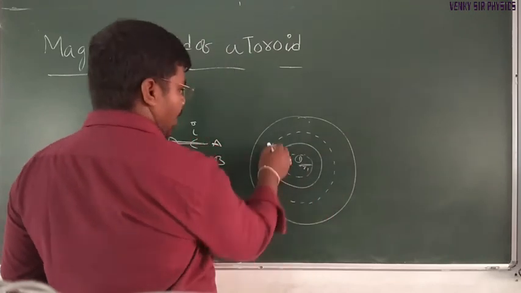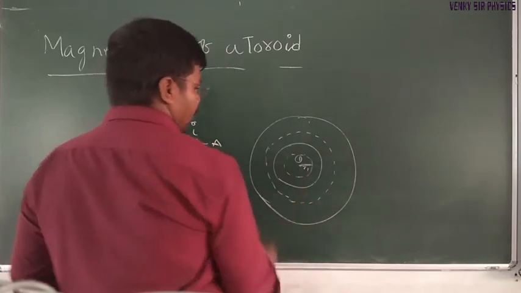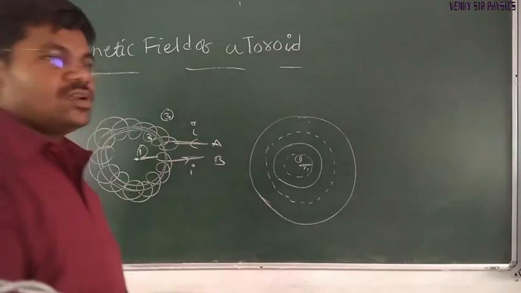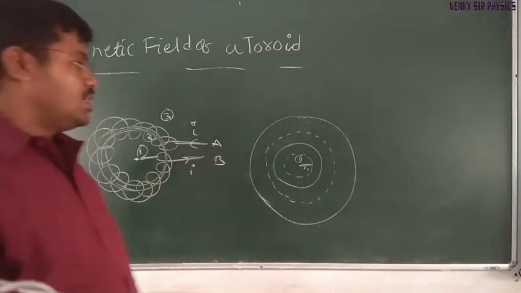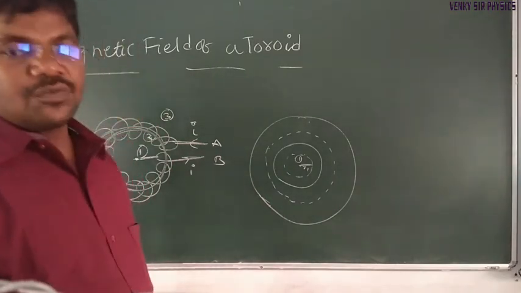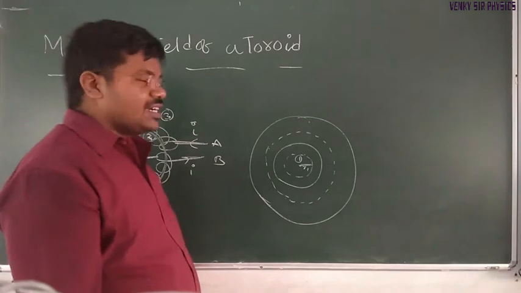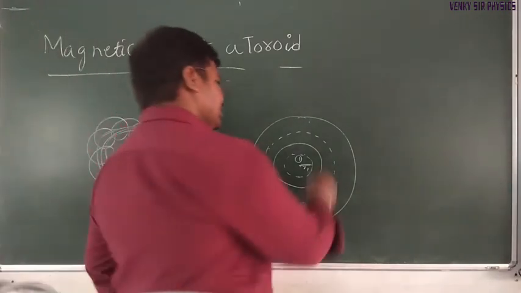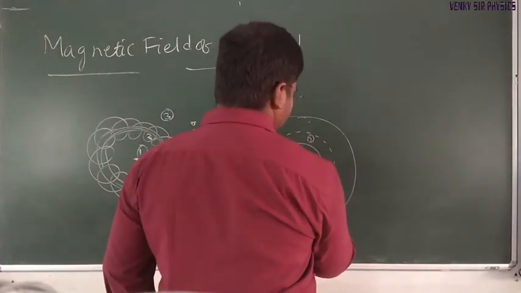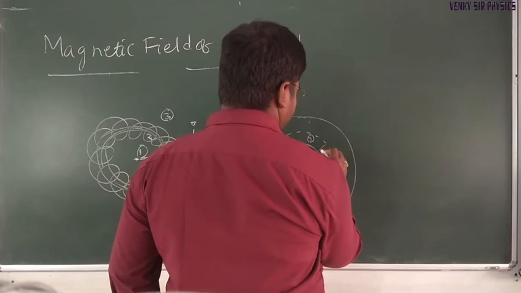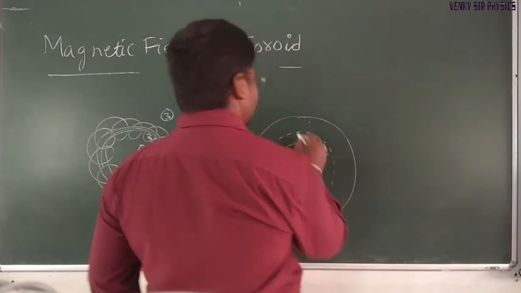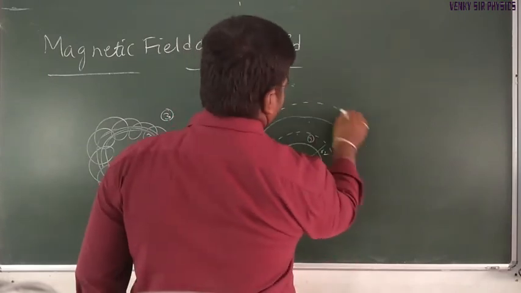So this is the Ampere loop. By using the Ampere loop, we apply Ampere's circuital law, and from that we find the magnetic field of the toroid. This is 2, radius R2.